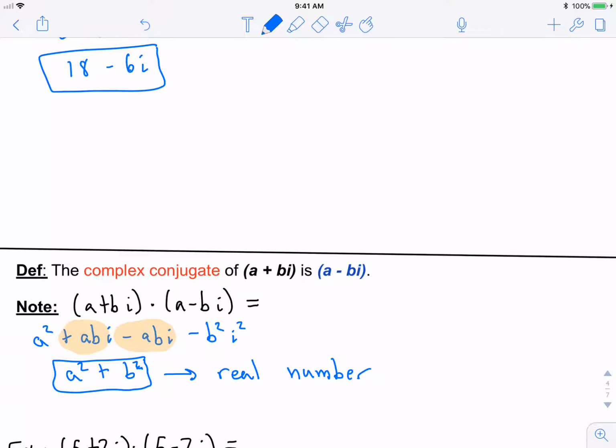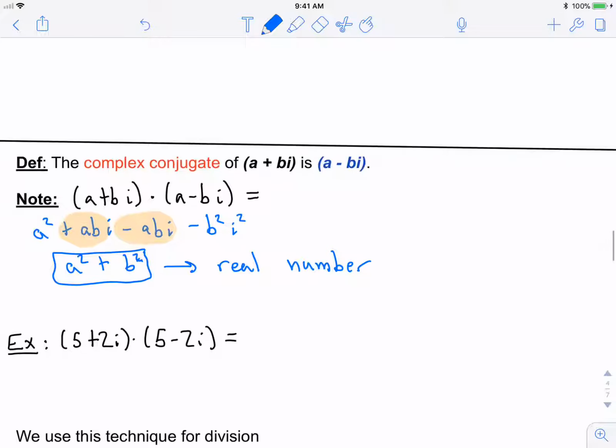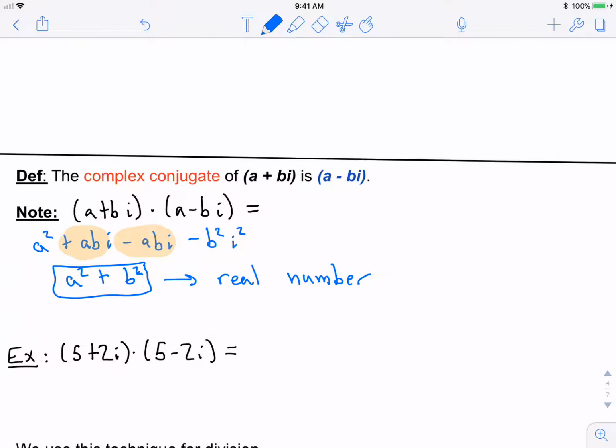So we can now use this trick to simplify division into dividing by real numbers, which is our end goal. First, to make sure we understand, let's multiply 5 plus 2i times 5 minus 2i. Now if I follow my formula, this should be the real part squared, which is 25, plus the imaginary part squared, which is 4.